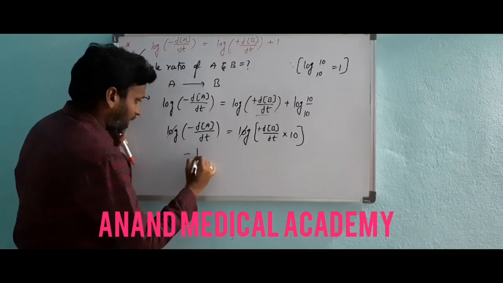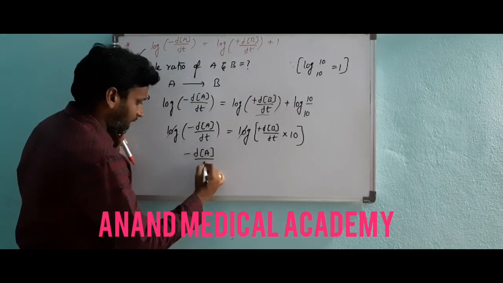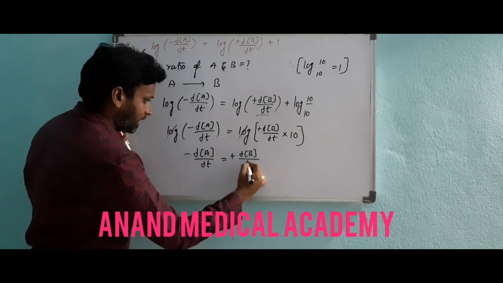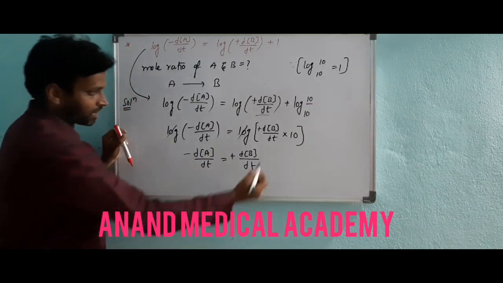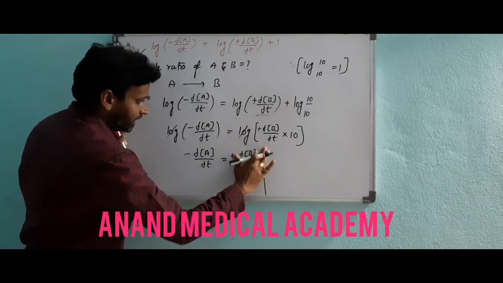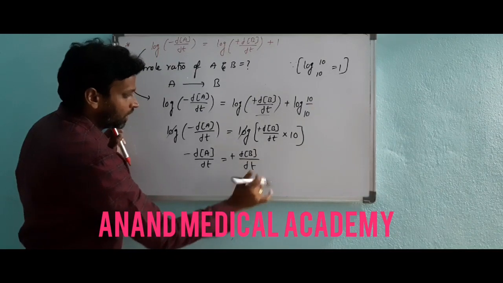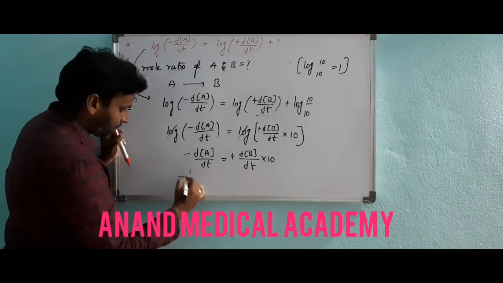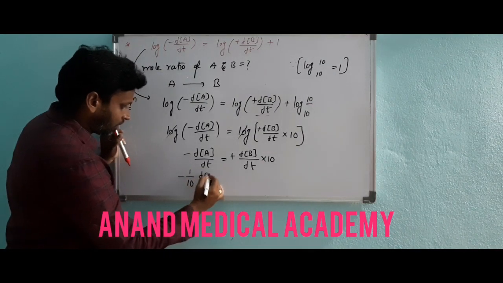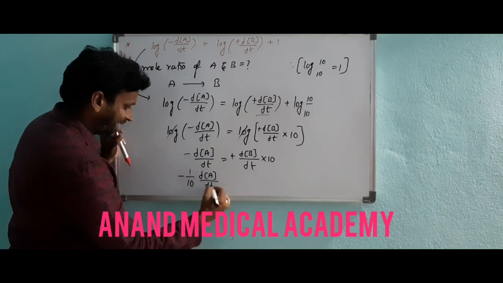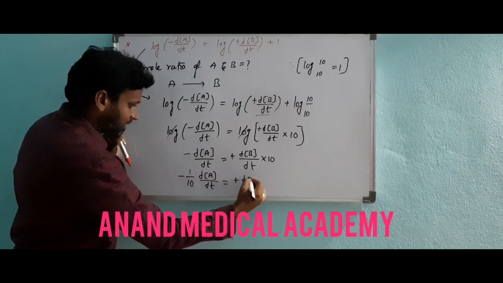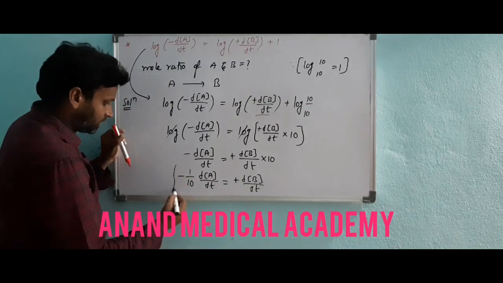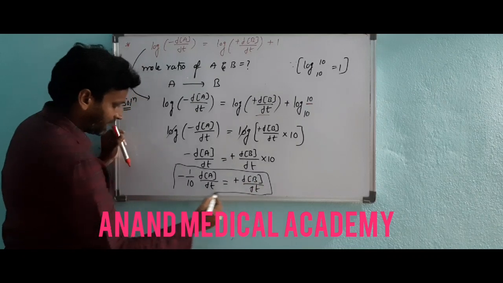So what you have now is -d[A]/dt = +d[B]/dt × 10. Understood? Into 10. So this 10 comes here. Then what can you write? -(1/10) d[A]/dt = +d[B]/dt. Correct? So this is the rate of reaction you can say.